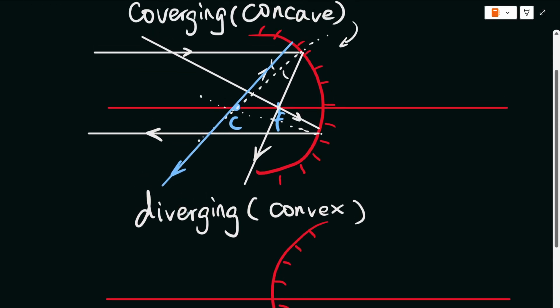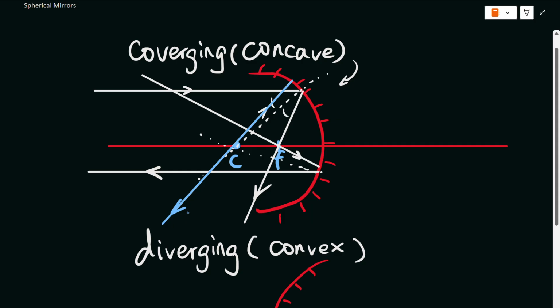Now, the reason this kind of mirror is called a converging mirror or a concave mirror is that the focal point of this mirror is in front of the mirror. So if we let this mirror form an image, the image will be formed in front of the mirror, where we as observers can actually see the image.